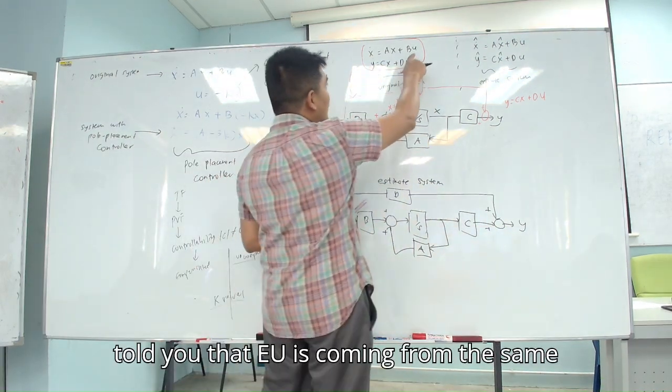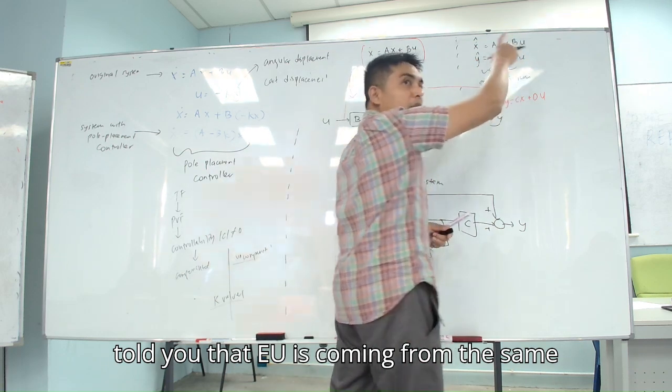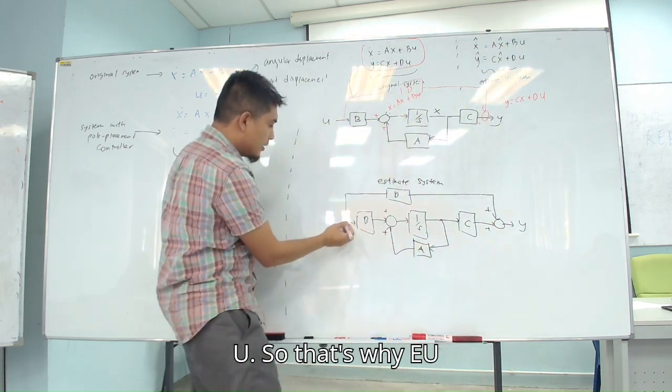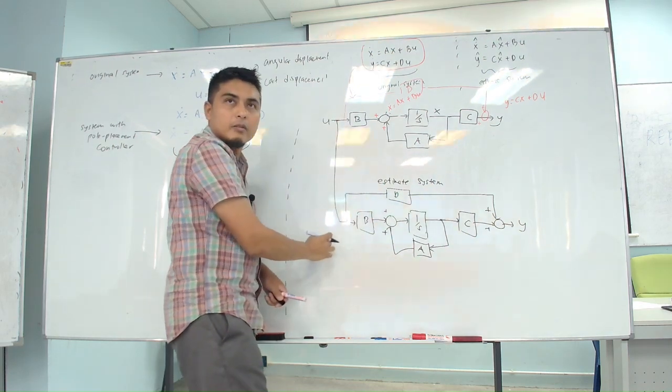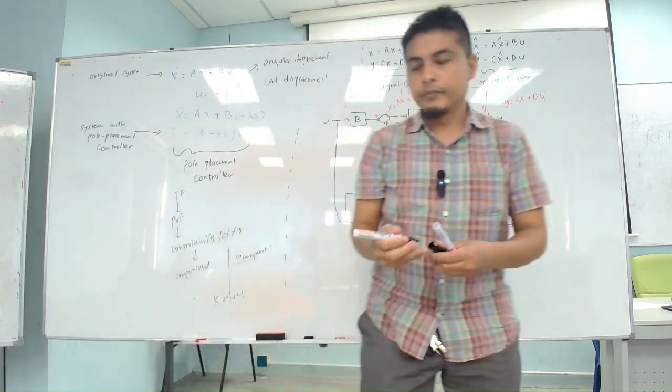Because I told you that the U is coming from the same U. So that's why the U we connect to the original, because they are from the same U.